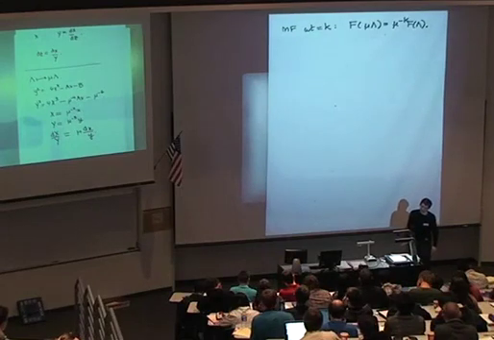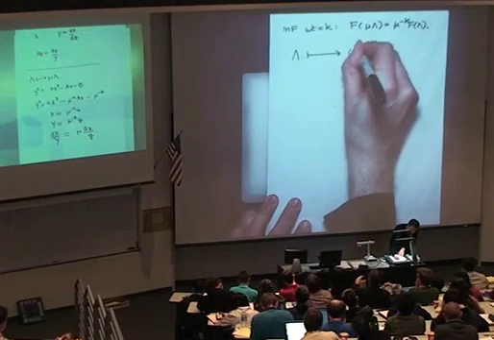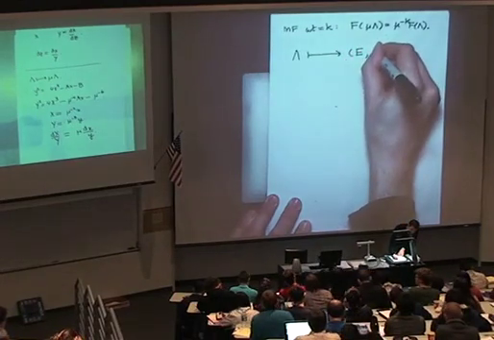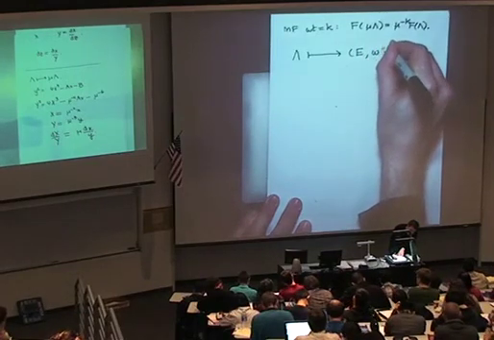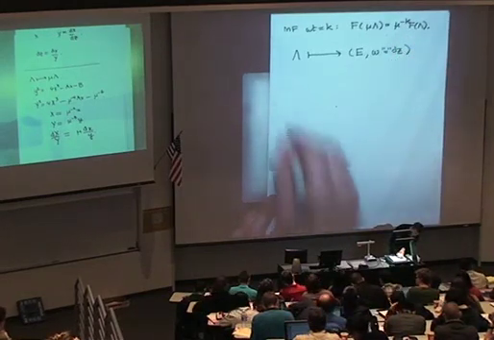So again, we expect lambda corresponds to the elliptic curve together with a differential omega, which just is secretly coming in terms of the Weierstrass equation from dz.